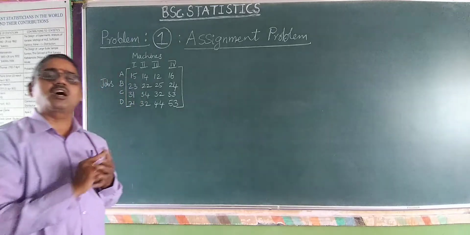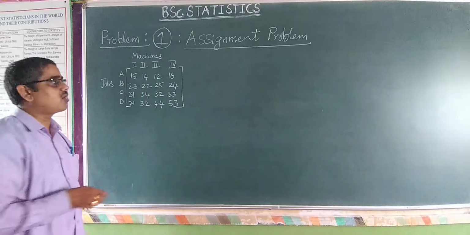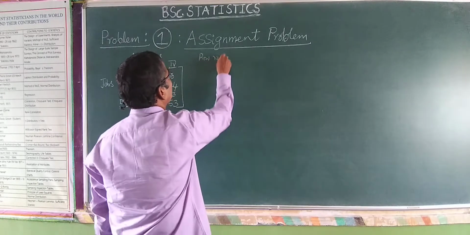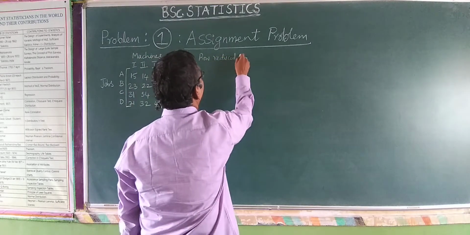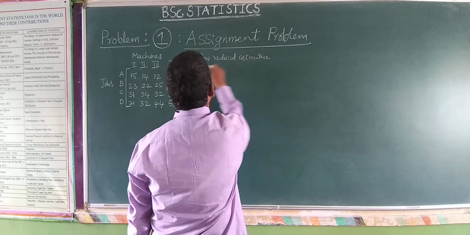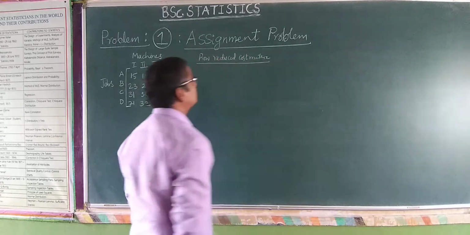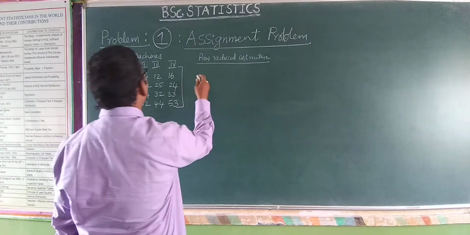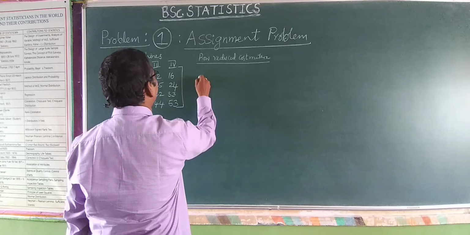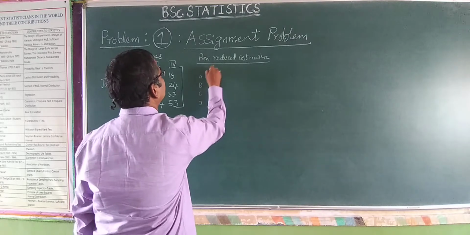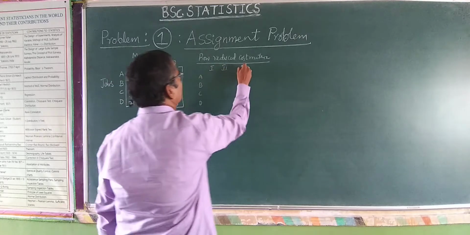You have to consider row wise and calculate the row reduced cost matrix. I am writing here row reduced cost matrix. This is what I am considering the assignment matrix, which is also a cost matrix. Now I specify here the jobs A, B, C, D as well as the missions 1, 2, 3, 4.